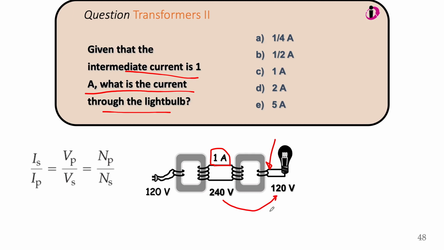The voltage goes down by a factor of 2, which means the current will go up by a factor of 2. So if there's 1 ampere here, then it's going to be 2 amperes here.